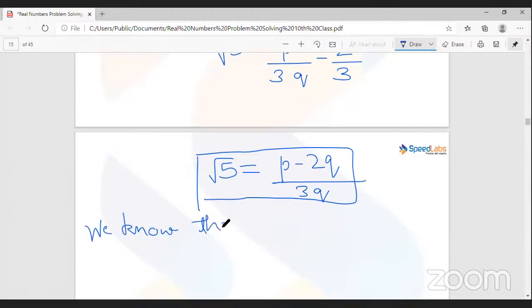We know that root 5 is an irrational number.